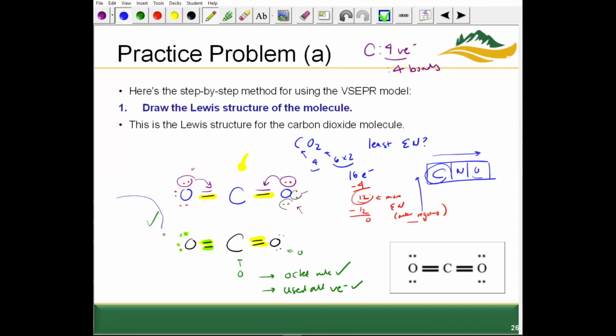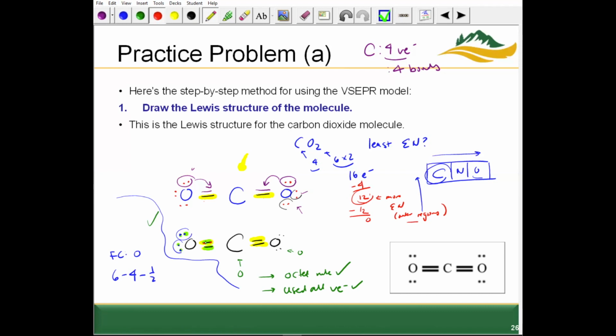As a quick review on formal charge, let's do it for oxygen. Oxygen has 6 valence electrons by looking at its placement in the periodic table. Then the number of electrons here around it, 1, 2, 3, 4, minus 1/2 times the total number of electrons in bonds.